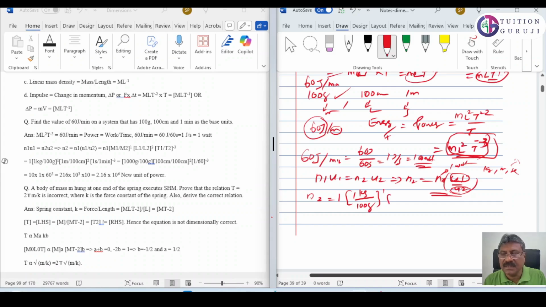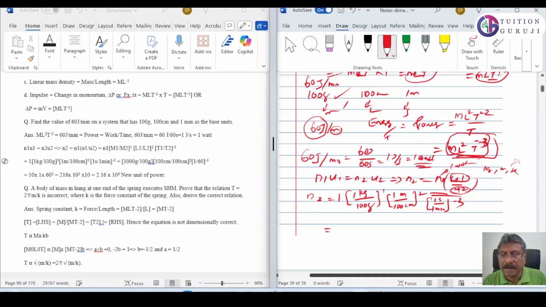Then L square, L is actually meter: 1 meter divided by 100 centimeter, squared, into 1 second by 1 minute, raised to minus 3.